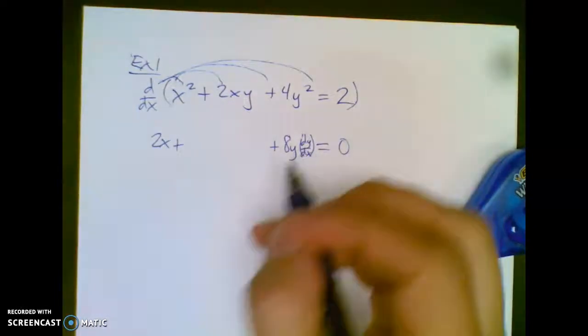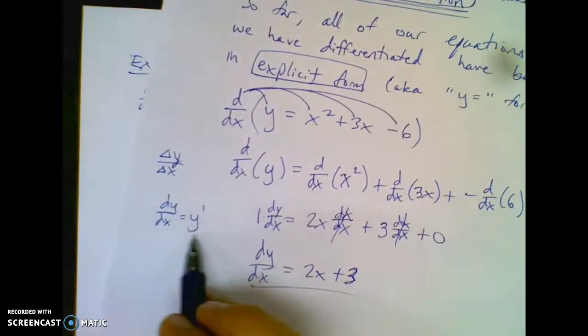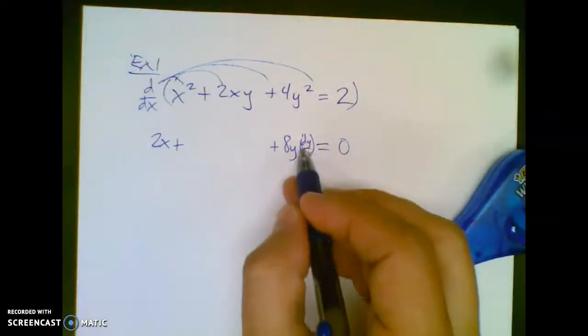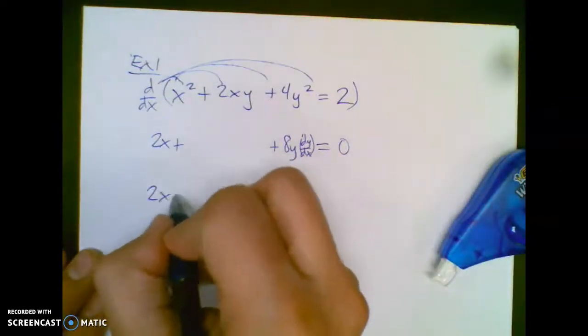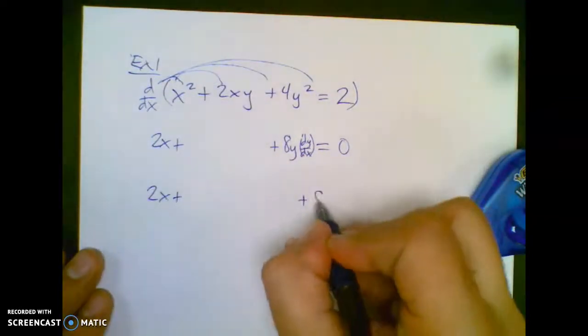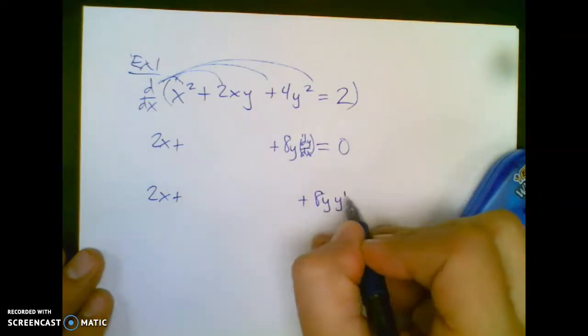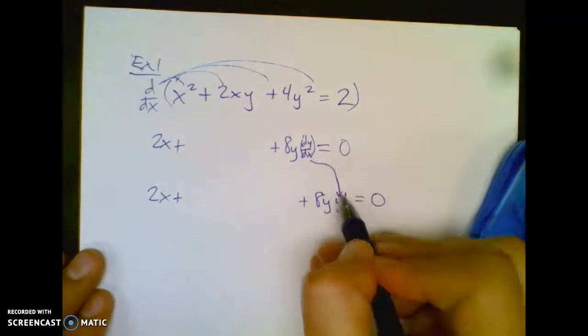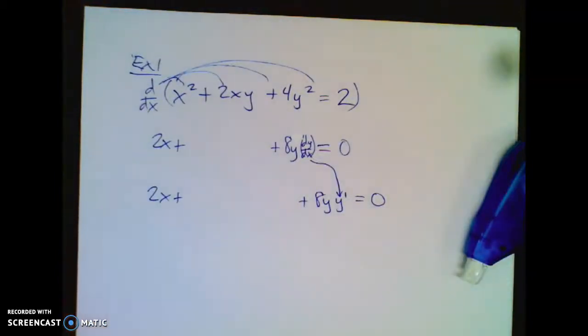Remember on the other page, I said dy dx is the same thing as instantaneous slope. You could replace it with y prime, just like there. Well, if you prefer, you can do this, 8y y prime, right? You can just write that guy as a y prime if you don't want to write dy dx. It means the same thing, trust me.